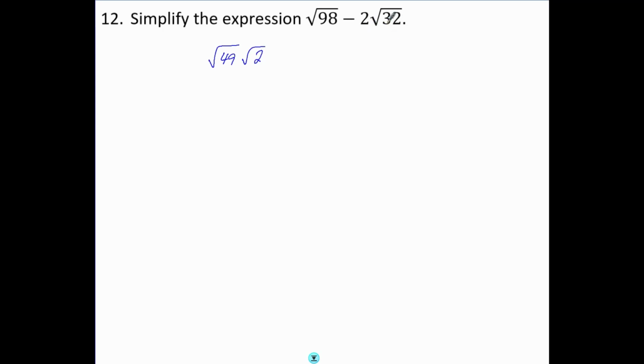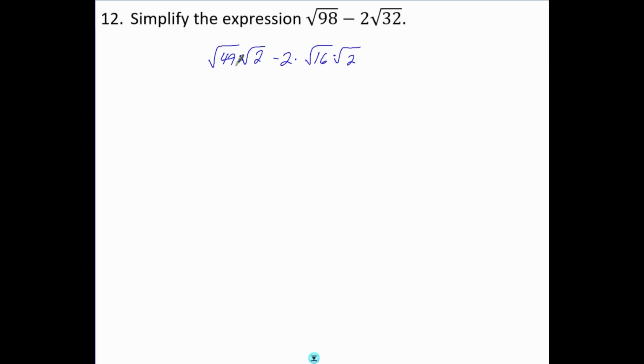And let's do something similar over here. I can have minus 2, and there's a little multiplication right there. So minus 2 times the square root of 32, I can rewrite that as the square root of 16 times the square root of 2. Well, again, why did I use 16 and 2? Because I know the square root of 16 is 4.